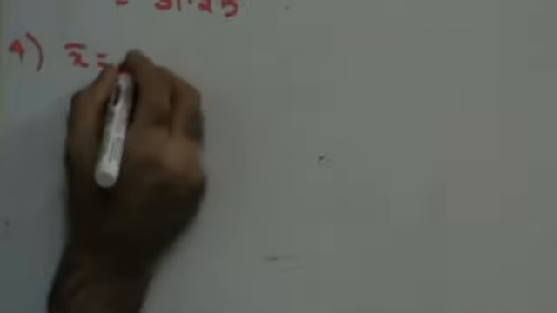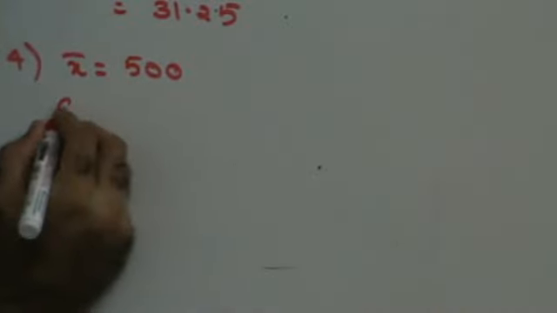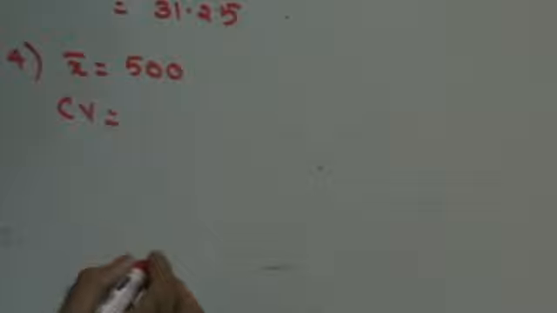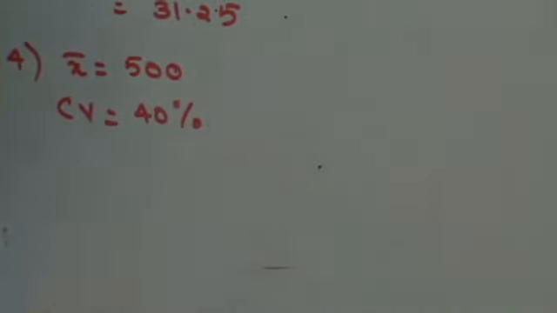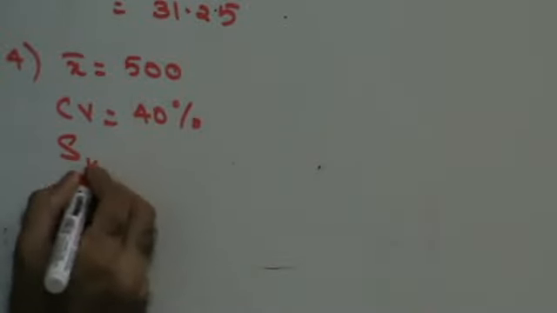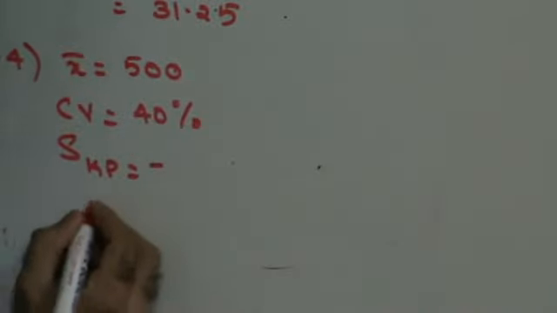Mean is 500. Coefficient of variation is 40%. Carl Pearson's coefficient of skewness is -4.